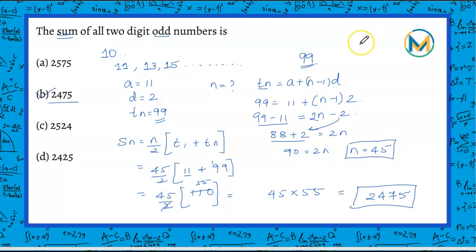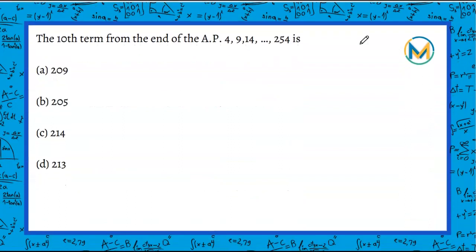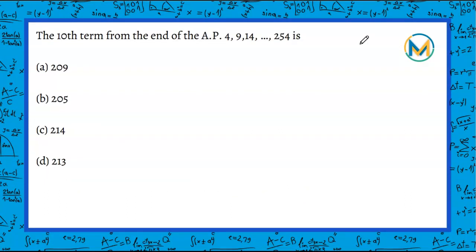The next question says the 10th term from the end of the AP is. So the 10th term from the end I have to find out. If this is the first term, this is the second term, looking at them I can say the common difference is 5 and A is 4.